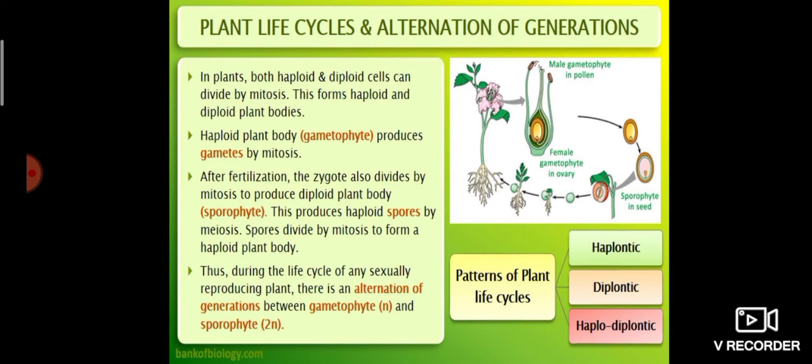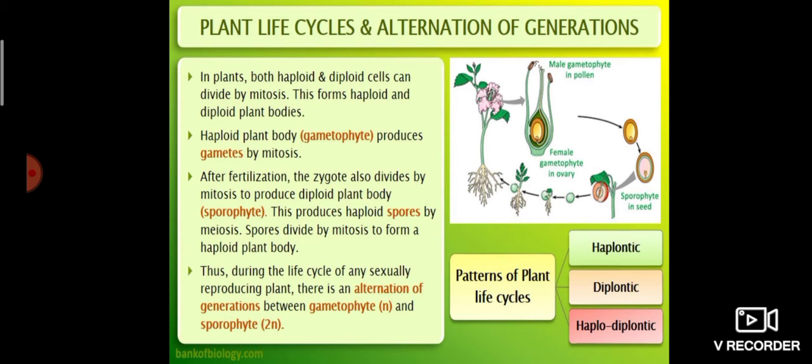The production of spores is by meiotic division, whereas mitosis takes place for the formation of gametes in gametophyte. Diploid plant body is called sporophyte, which produces haploid spores by meiosis.